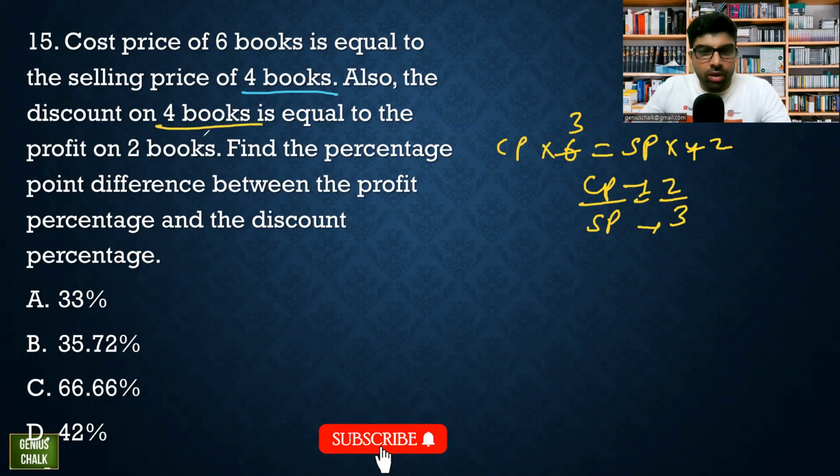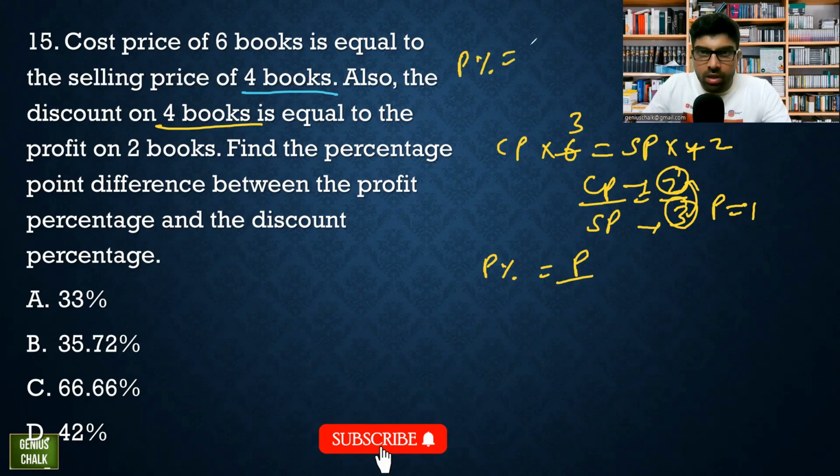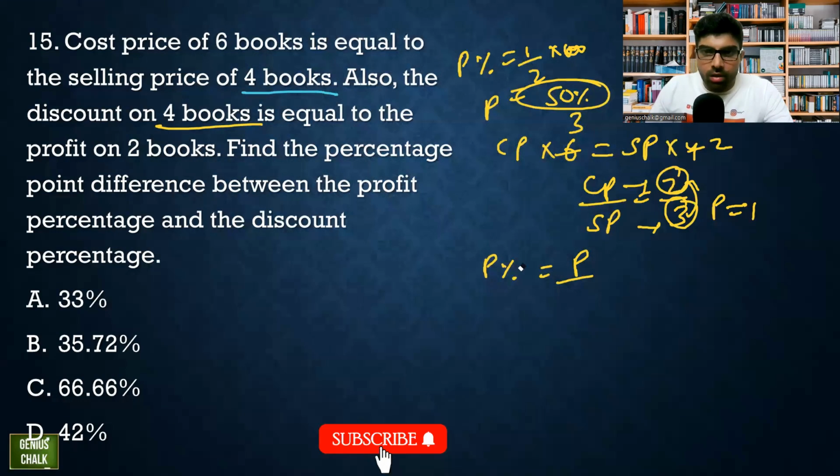So what is the profit percent? Can you say? What is the profit? Profit is 1. 3 rupee selling price, 2 rupee cost price. The profit percent is 1, that is profit by cost price into 100. That means 50% is the profit.